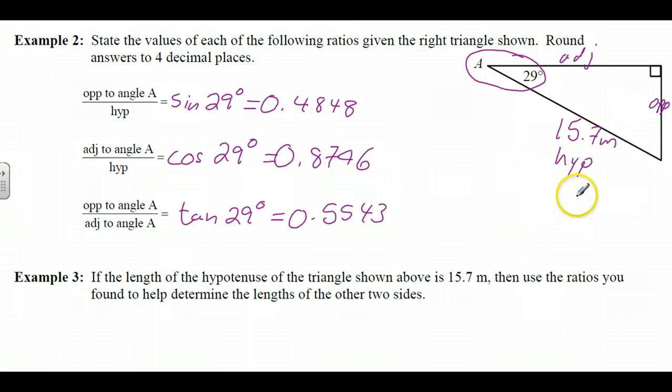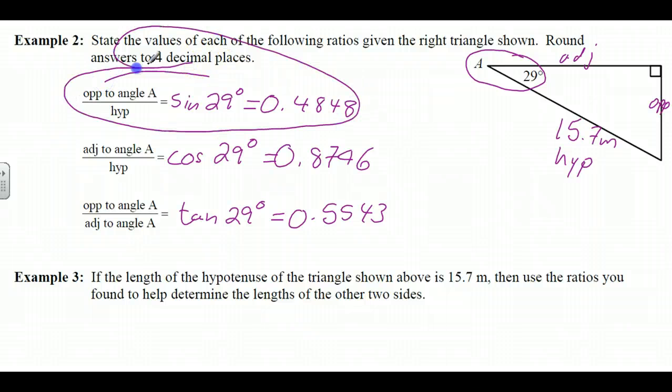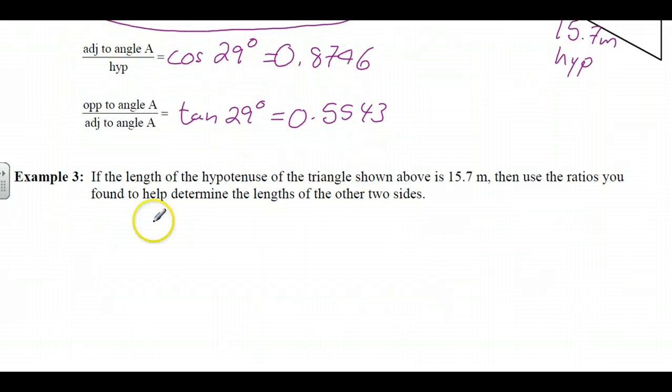So if we want to find the opposite side, we are going to use the sine ratio here. So let's write that out. Actually, I like formula. Sine theta is opposite over hypotenuse.